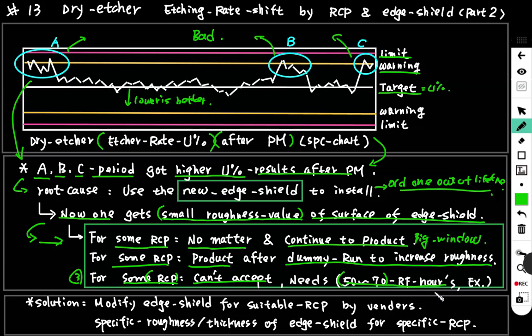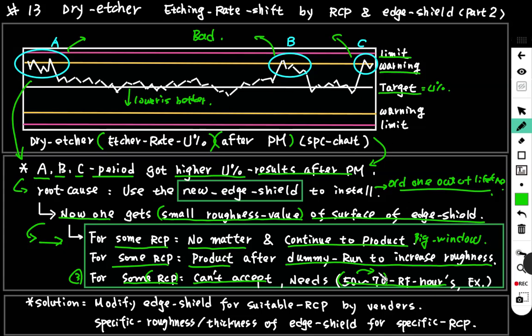So we have to collect some range of the RF time edge shield to use for some critical recipe to product.